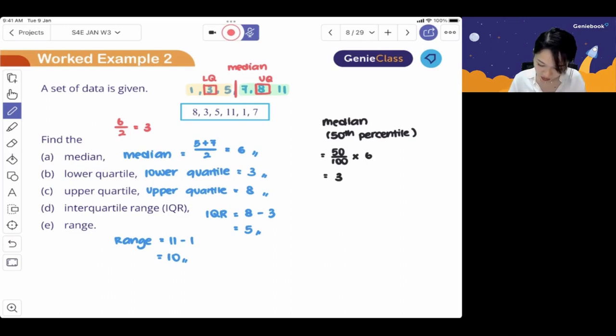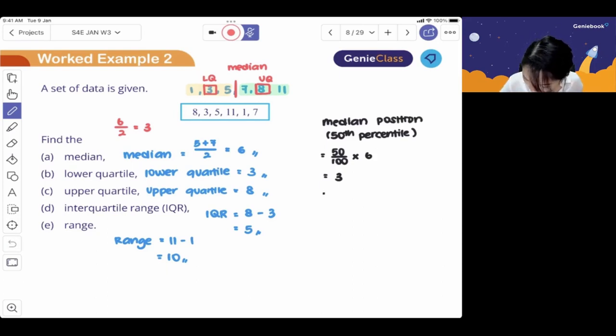So that will give me 3, which is my working here. Do you see? But you see here, this tells me the median is the third position, but it's actually not the third position, right? It's in between the third and the fourth. So this is actually the median position.